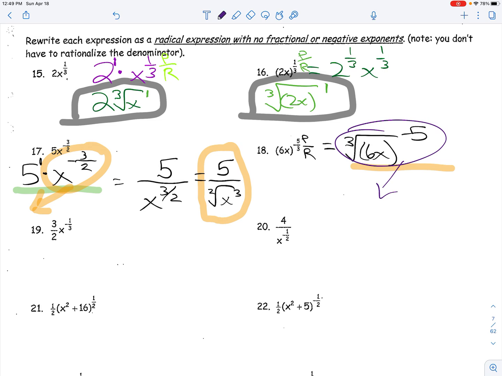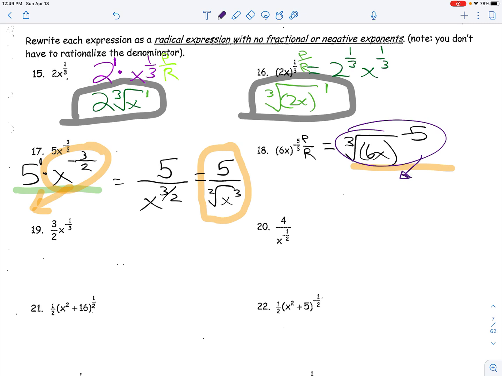Doing so, we'll change the sign of the exponent. Is the third root of 6x here. Well, actually, that's going to be in the denominator, so let me see here, give myself some space.